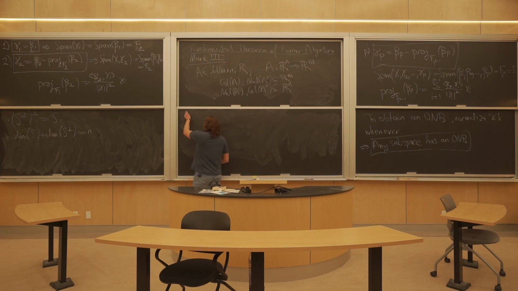So 1, rank of A plus nullity of A equals n. Applying the same thing to A transpose, I have this.